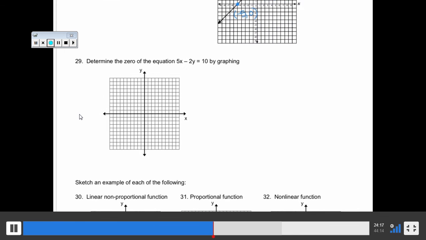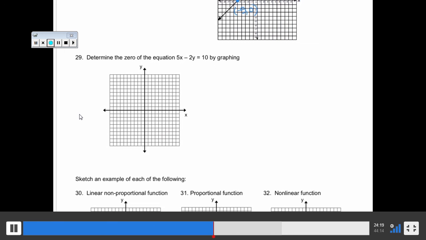For 29, we need to determine the 0 of the equation by graphing. So if you wanted the 0, remember, that's just the x-intercept. So we just need to graph. So since it's in standard form, I'm going to go ahead and graph using the x and y intercepts. I like to use that method where I write it twice, because then I'm going to zero out one variable in each equation and then solve for the variable that is left.